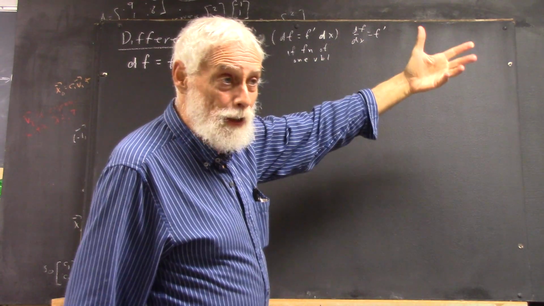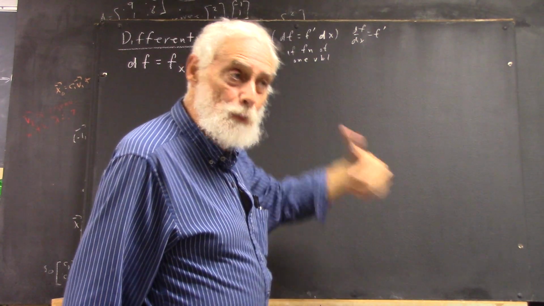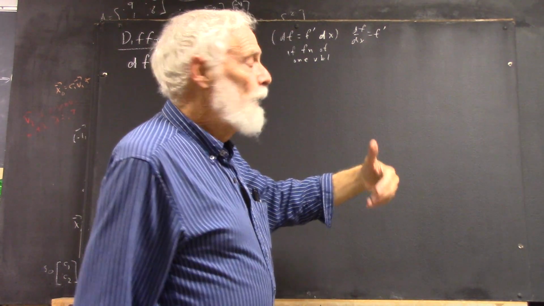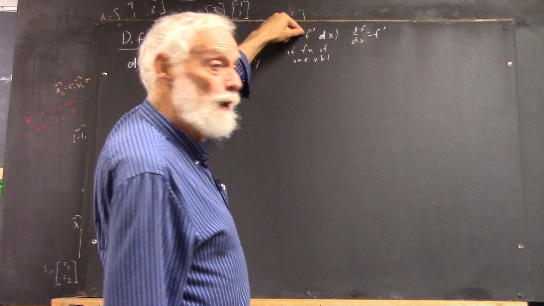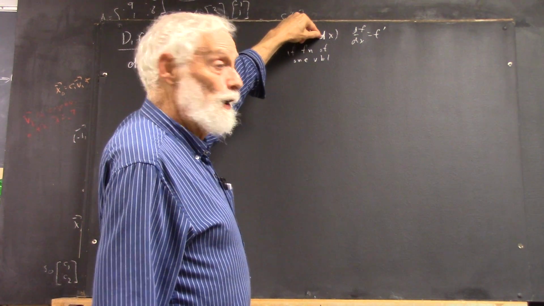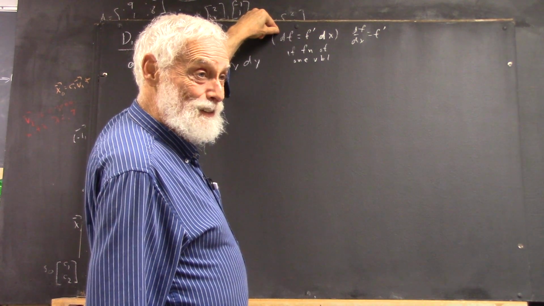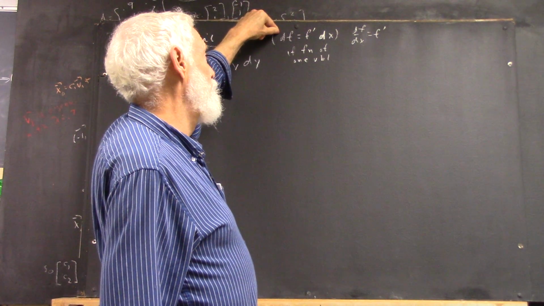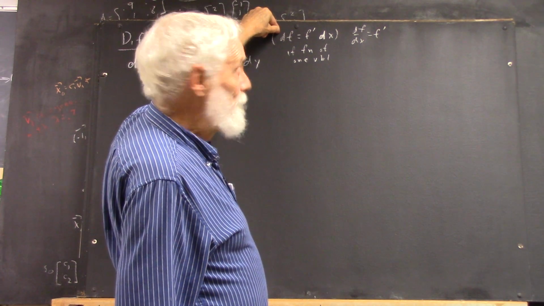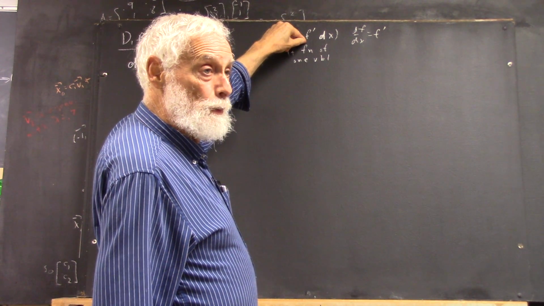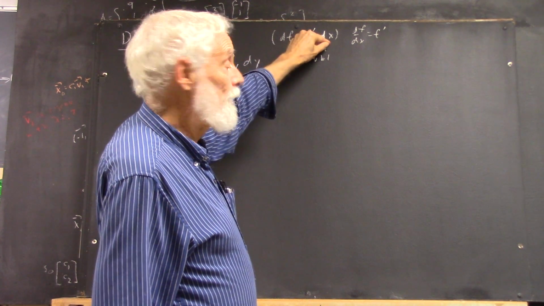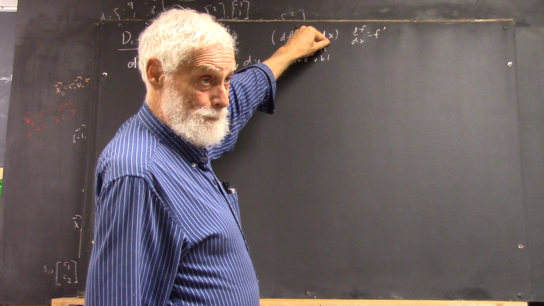is the rate at which f changes with respect to x, right? If you multiply the rate at which f changes with respect to x by the change in x, what do you get? The change in f, right? Now, actually, you don't get it, because this is evaluated at some point, and dx moves you away from that point.